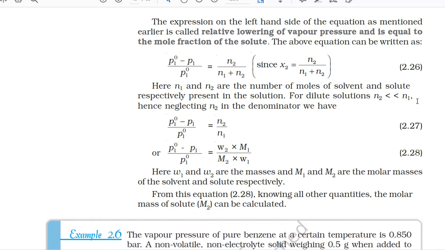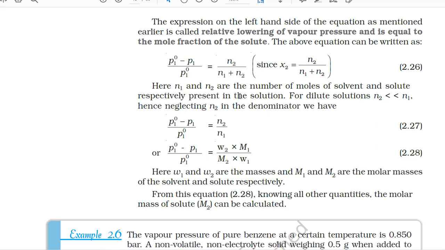The expression on the left-hand side of the equation, as mentioned earlier, is called relative lowering of vapor pressure and is equal to the mole fraction of the solute. The above equation can be written as (P01 − P1)/P01 = n2/(n1 + n2), since X2 = n2/(n1 + n2).